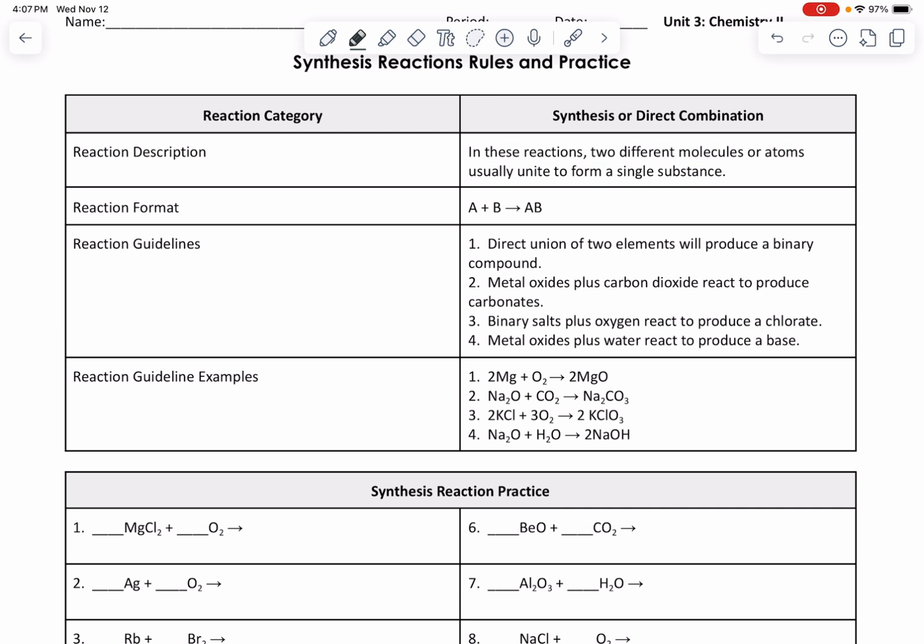So we need to recross and drop all of our charges on the other side of the arrow. The word binary just means 2 parts, so we take the 2 elements and stick them together to form a binary compound. Let me show you how this looks with an example.